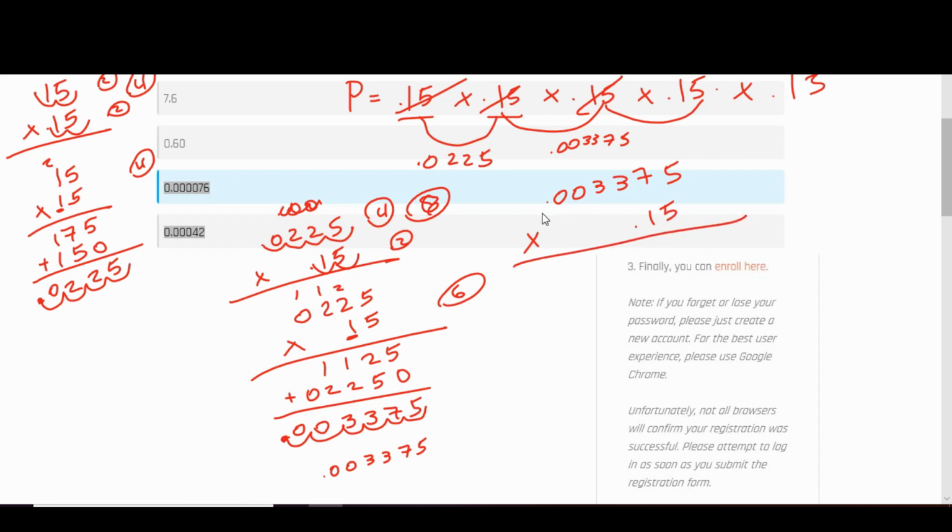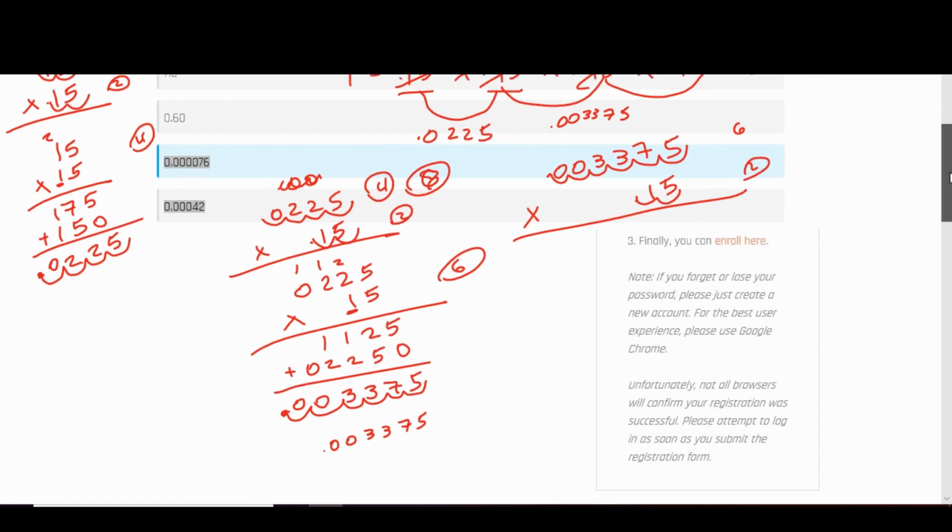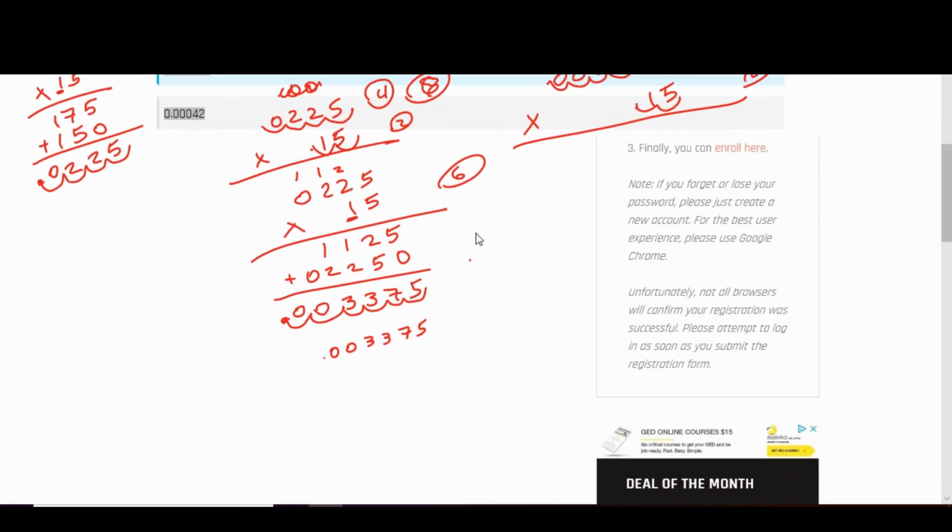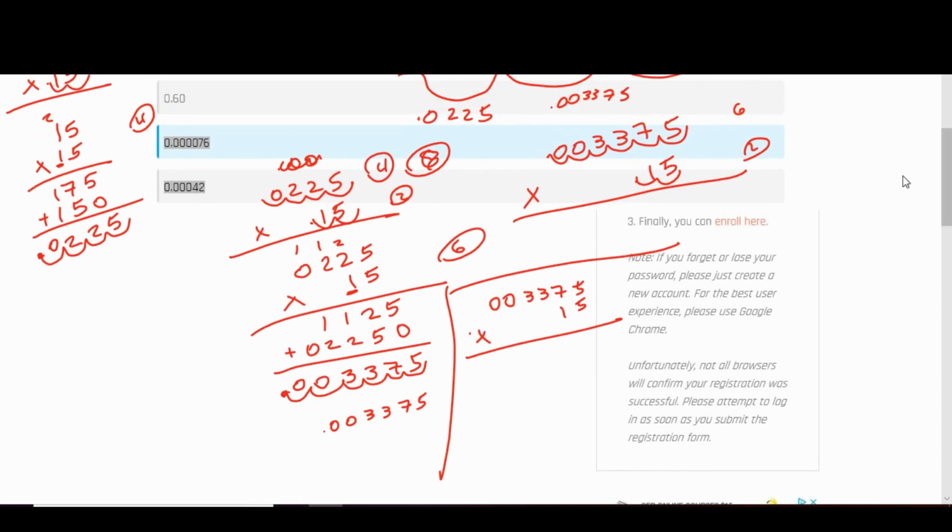And again, shift your decimals accordingly. 1, 2, 3, 4, 5, 6. And 1, 2. So in reality, I'm going to start this right here: 3375 times 15, albeit with 8 decimals to move back in.